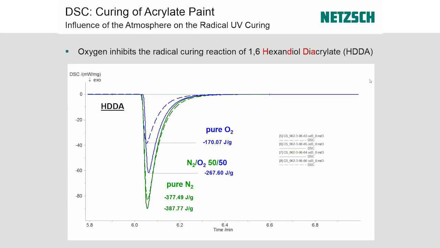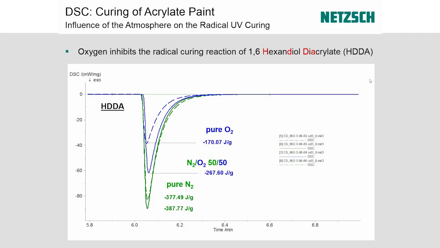So first thing we do is figure out how much energy input from irradiation is required to cause full cure. Second thing we can do is control the environment in which this reaction is occurring. So this is a single pulse for 3 different circumstances, all of them on the same material. This is pure nitrogen, nitrogen and oxygen split 50-50, and pure oxygen.